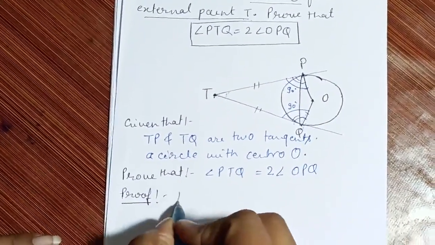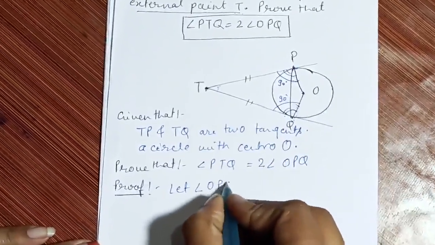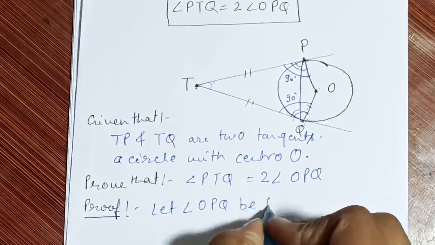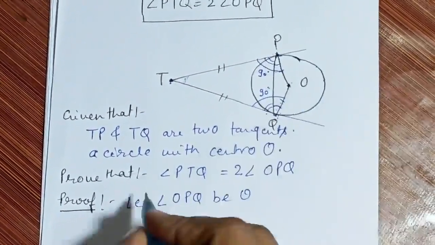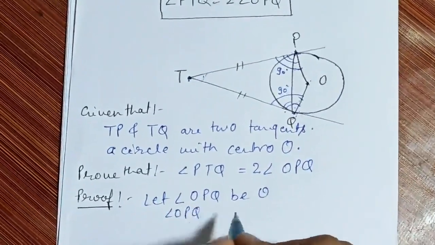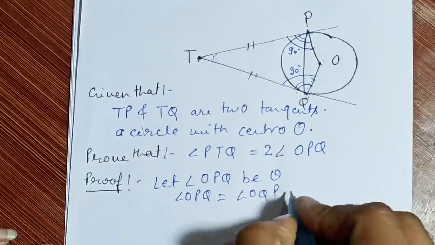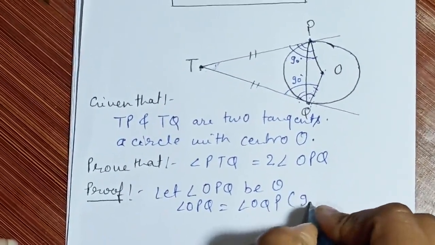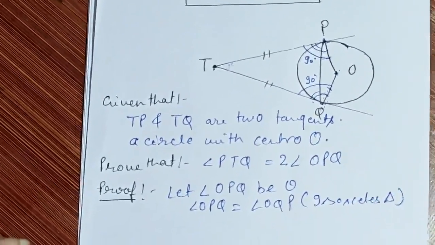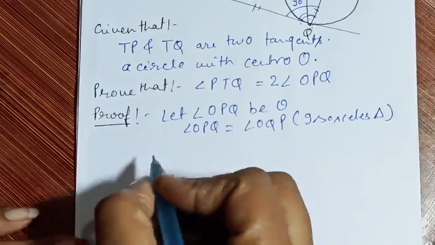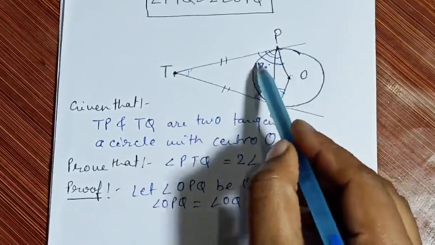Let angle OPQ be theta. We can say OPQ equals OQP just because it is an isosceles triangle. Now we already know angle TPO is 90 degrees.